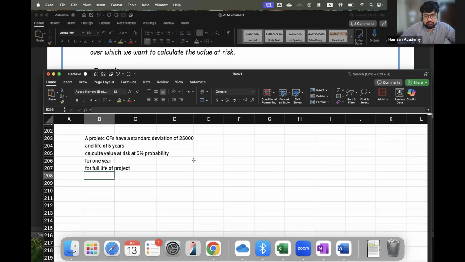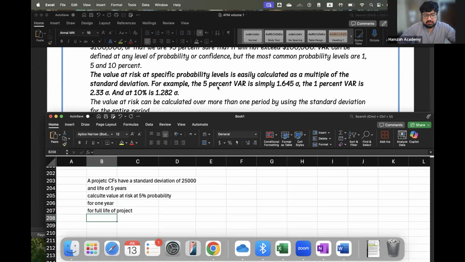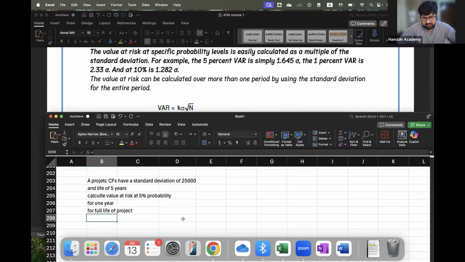So simple, this is the formula. Value at risk equals K at 5%, which is 1.645, into standard deviation 25,000 into the square root of 1 year.